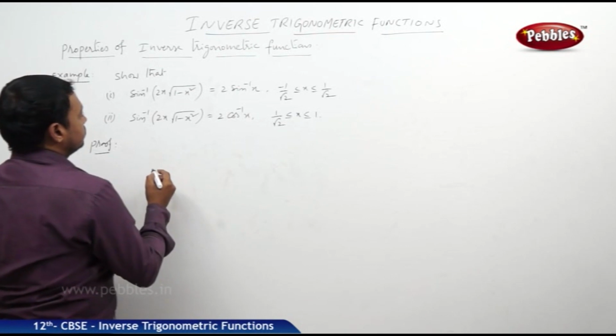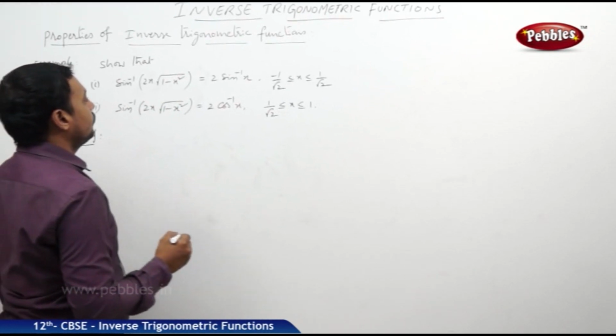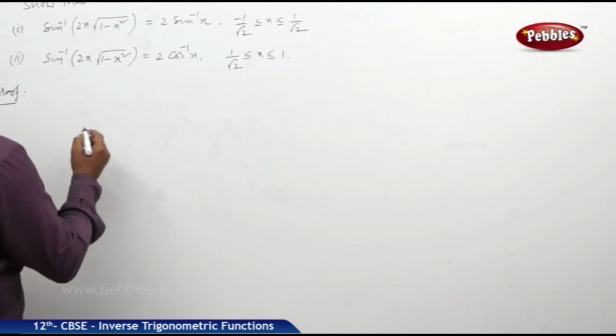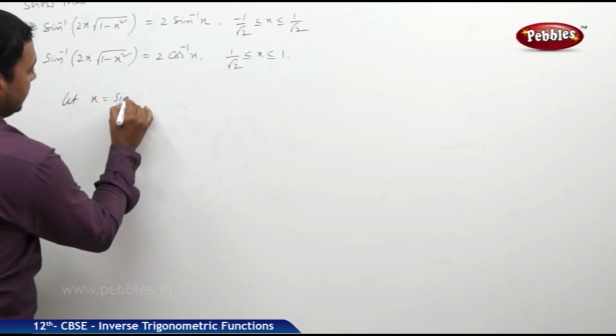Now the first one, sin inverse of 2x into root of 1 minus x square is equal to 2 sin inverse x. To prove that, let us take x is equal to some sin theta.